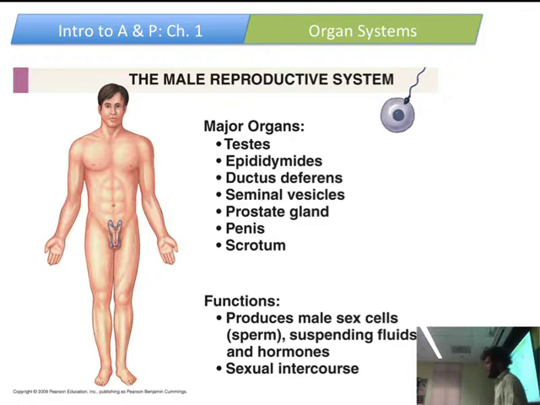I am not minimizing, so to speak, the male reproductive system at all. It's pretty incredible what it has managed to do. It takes a living motile cell and is able to expel it from the body in such a way that it is not just able to live, but has a purpose that it seeks out and performs, or else we wouldn't be here.